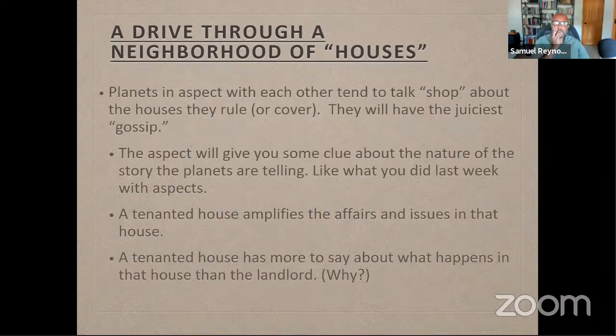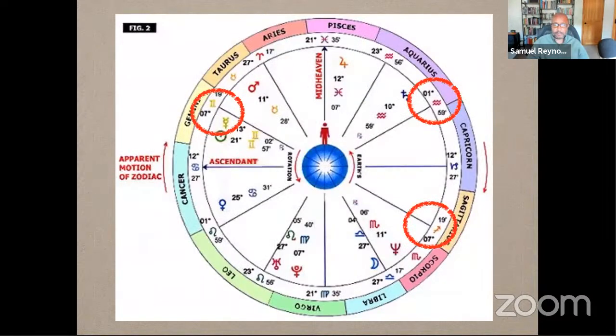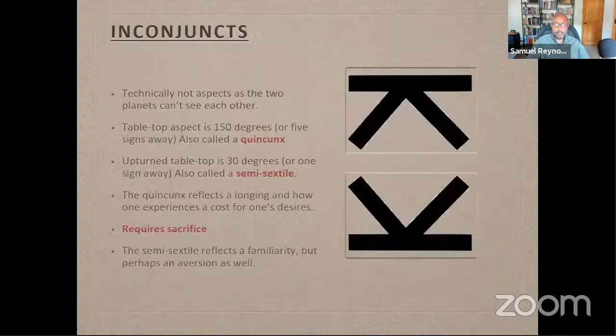So planets, when they have relationships to each other, or wherever that planet that rules that particular sign in the chart or that house, that planet has a couple things happening. One, that planet is always going to be interested, no matter where it is. In this chart, for instance, the sun is in Gemini.